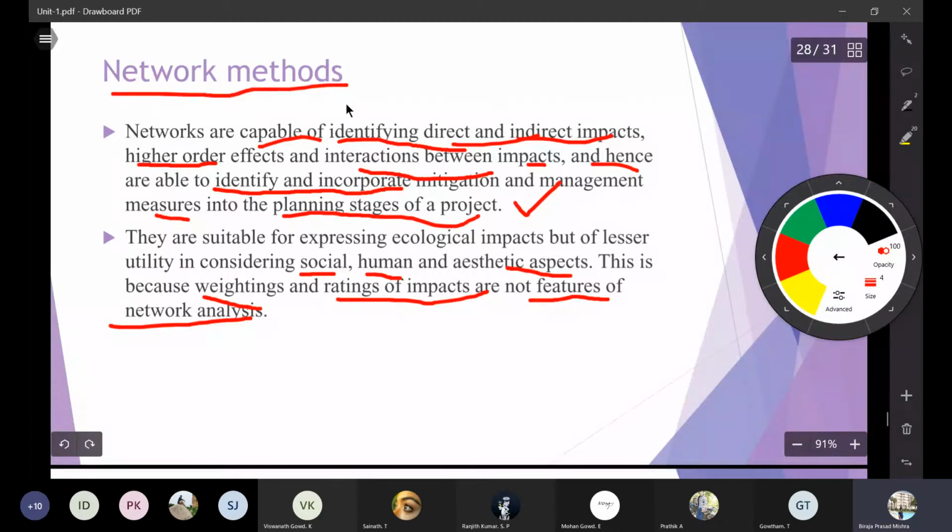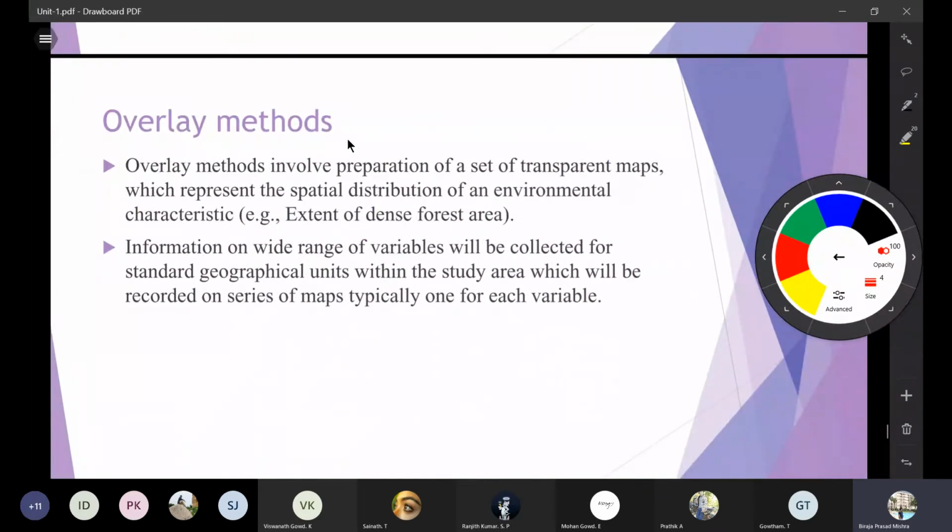Okay, so as we go on one by one, you can see the methods are having more capabilities to identify and measure the impact of any kind of developmental activity on the environment. Okay, next one is the overlay method.